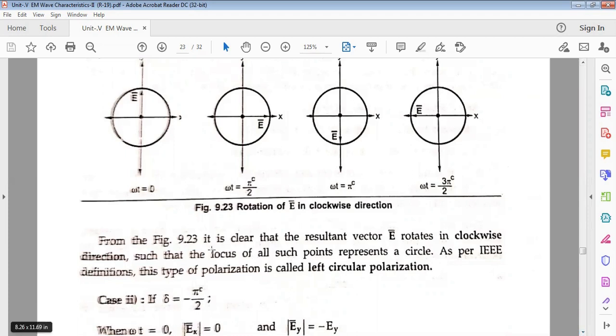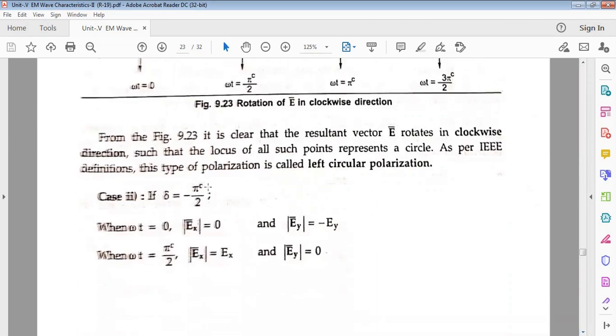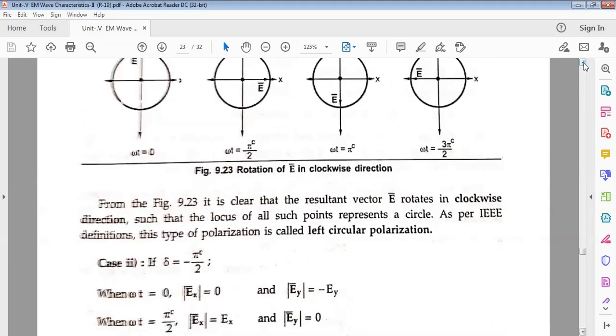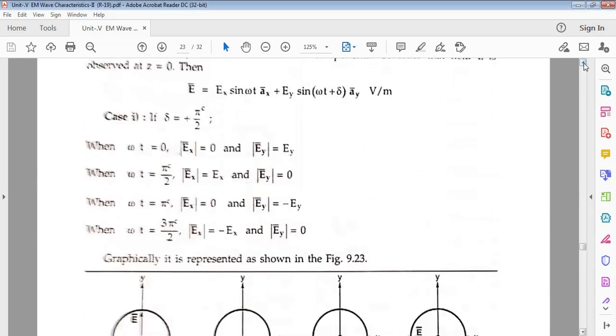Left circular polarization. Now, if I take the 90 degrees difference, delta is equal to minus pi by 2. Minus pi by 2 means sine of minus theta is minus sine theta. So when omega t is equal to 0, you can write this equation here.